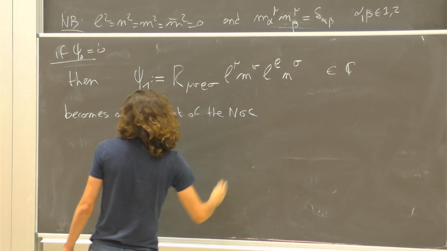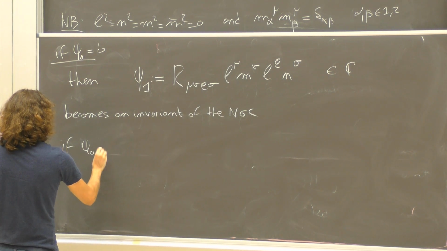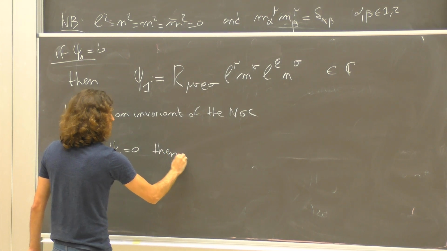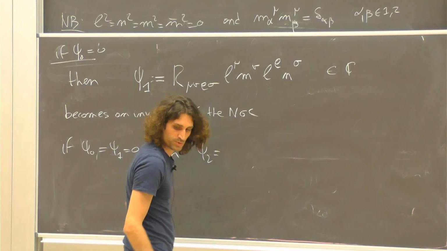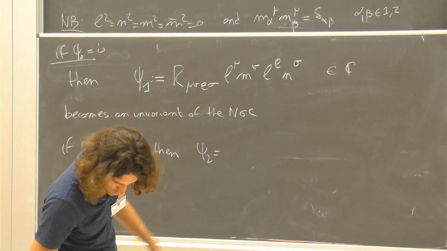And you can play this game several times. So now, if psi0 equals psi1 equals 0, then there is another guy, which is psi2, which becomes an invariant. And you see where the number is coming from, because there is this tower of relationship.